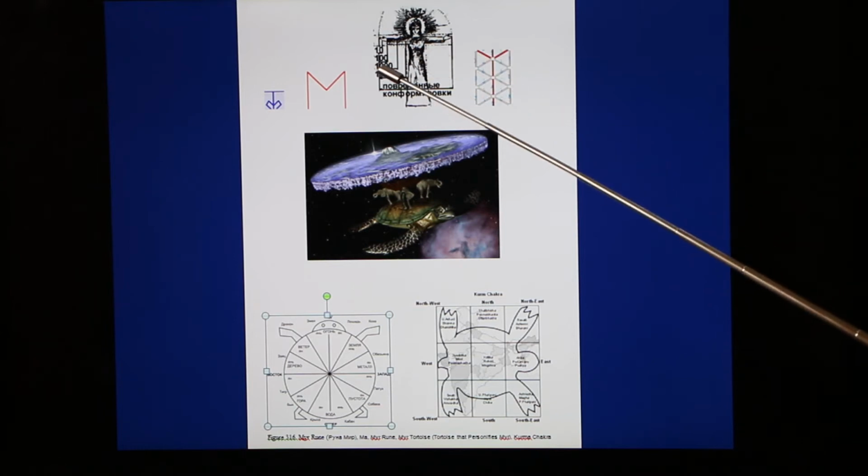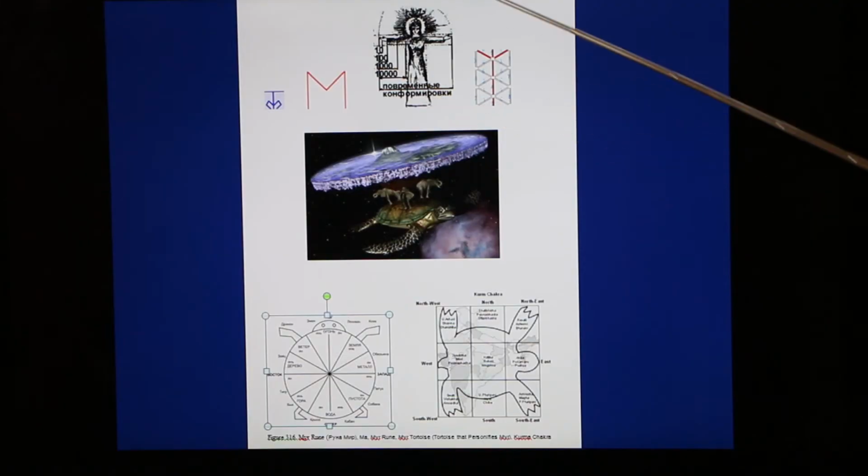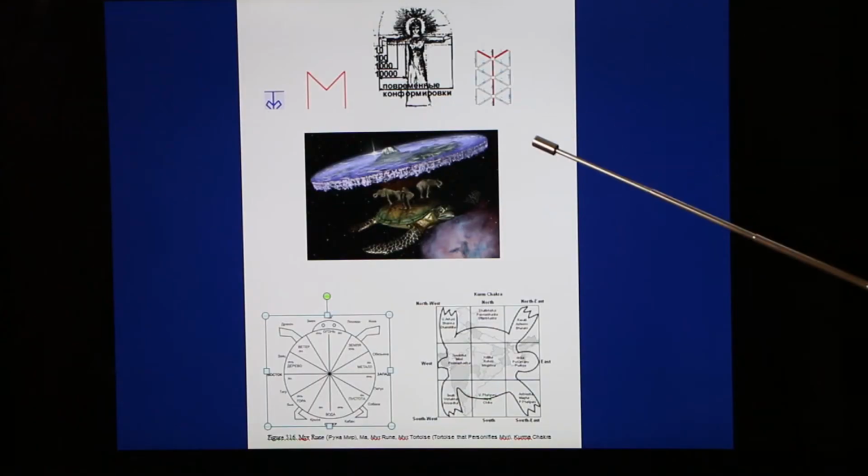Russian alphabet, it's linked with the numbers 10, 100, 1,000, and 10,000 as now a mother Vitruvian figure, as Ma. And remember, there's an A and an M, and if I put those together, I get Ma or Amma. And so the A and the M are connected that way.